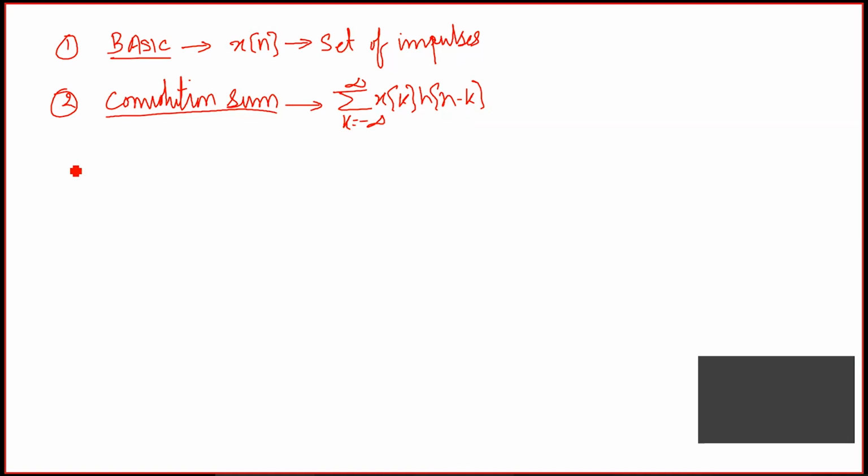We just plugged in the values and mathematically solved it. The third method was what we can call the tabular method, or we can also call it the flip and shift method. So we saw three methods.